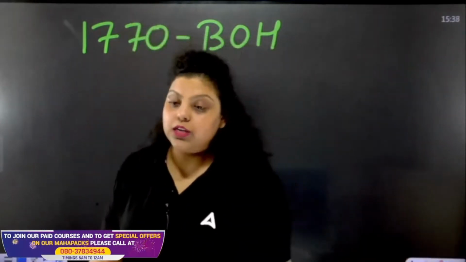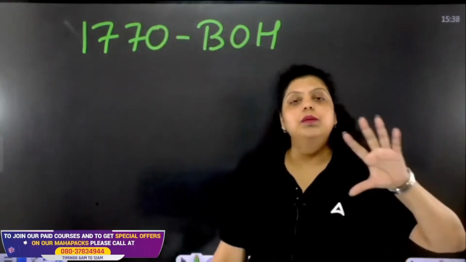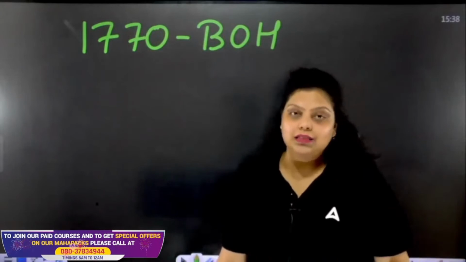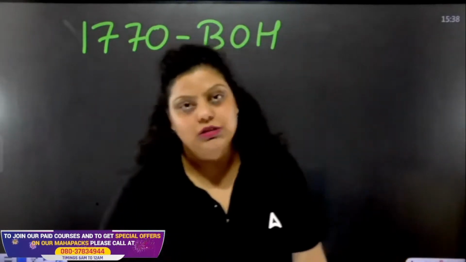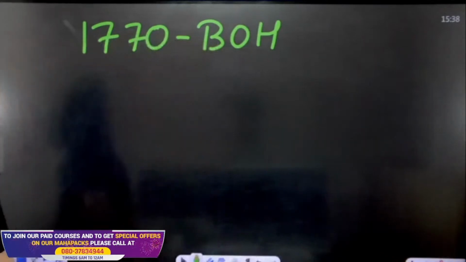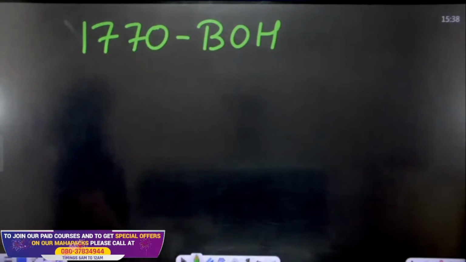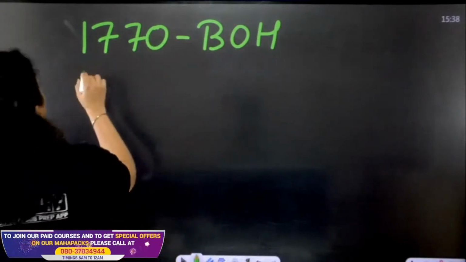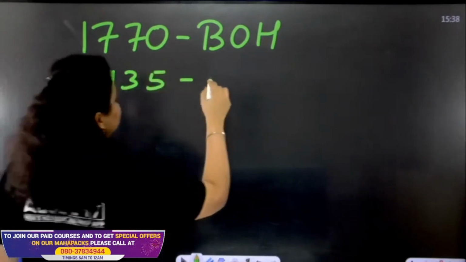Now what is the formal financial system? We have discussed that already in the 20th unit. The system where the regulators are there, the guidelines are there, the rules and regulations are there, that system is known as the formal financial system. So the formal financial system started in India from when? From 1770.